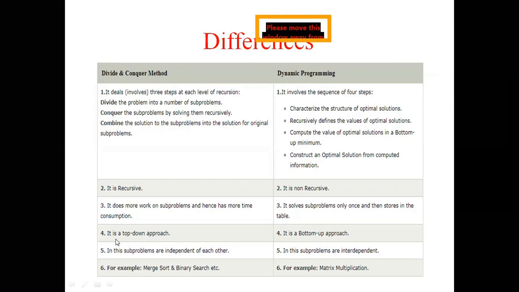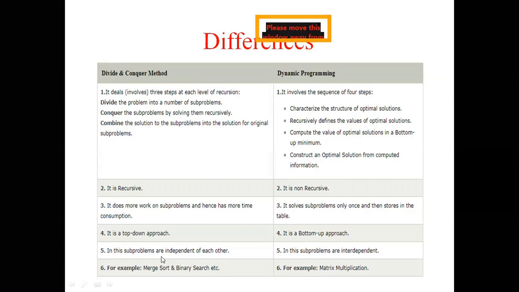The fourth difference: divide and conquer is a top-down approach, starting from the root and reaching the leaves. In dynamic programming, we start from the leaves of the tree and reach the top, which is a bottom-up approach. In the divide and conquer strategy, the subproblems are independent of each other.